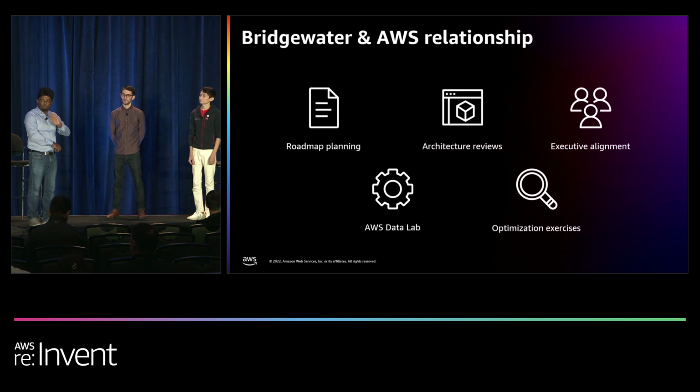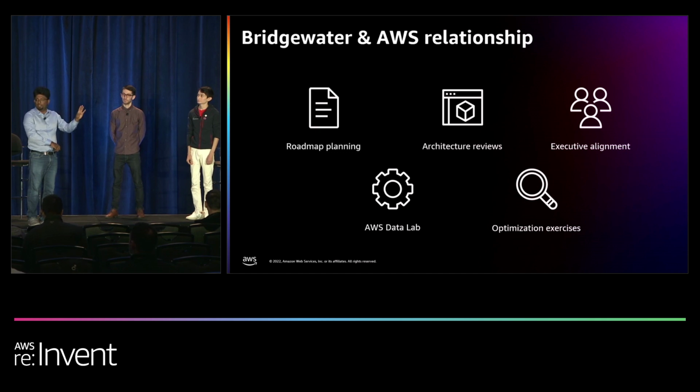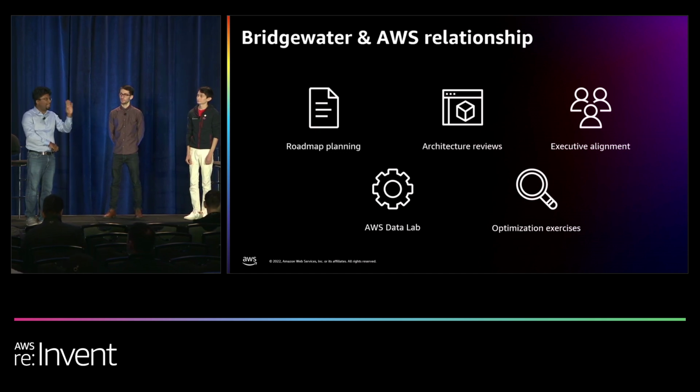Here are some guiding principles, here's a North Star. Really lay that out. Then we started doing architecture reviews. Throw some designs up there, make it clean, make it understandable, make sure everybody understands, both from the Bridgewater side and the AWS side. Then we started doing executive alignment, making sure that the leaders from both sides are in for this project.